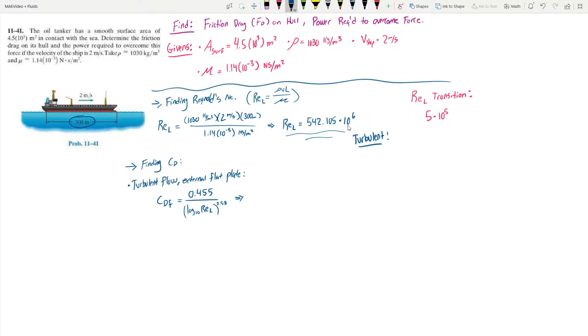If we evaluate that and plug in our Reynolds number, we get that our drag coefficient is about 0.00169.